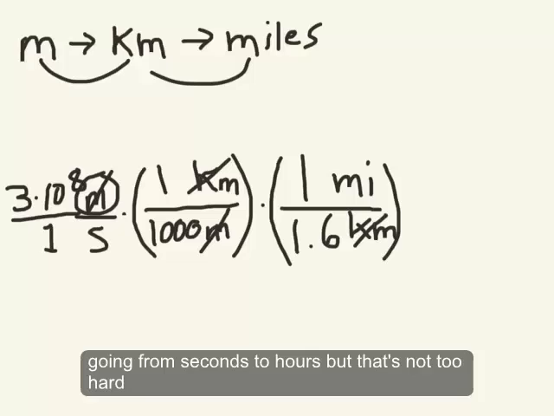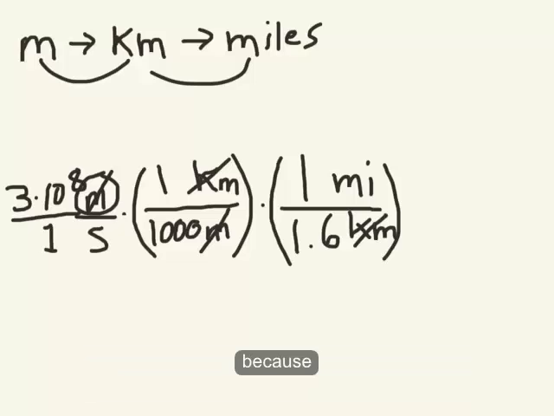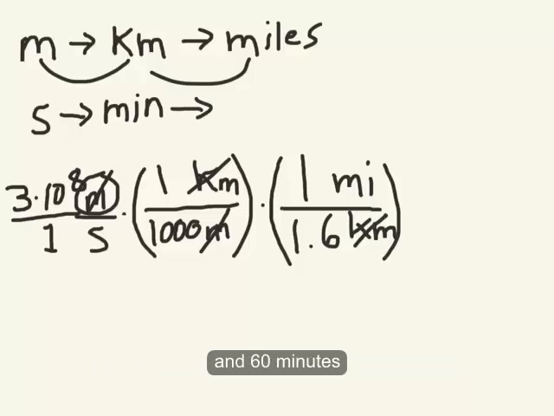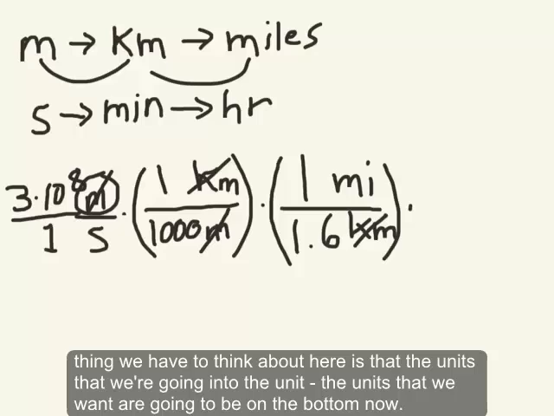But that's not too hard, because we know that there's 60 seconds in a minute and 60 minutes in an hour. But the only thing we have to think about here is that the units that we are going into, the units that we want, are going to be on the bottom now.